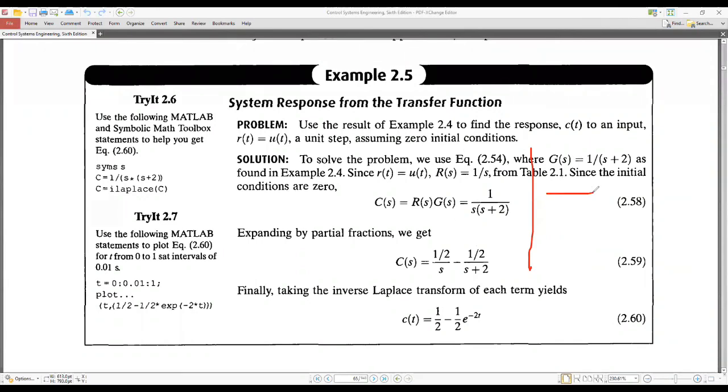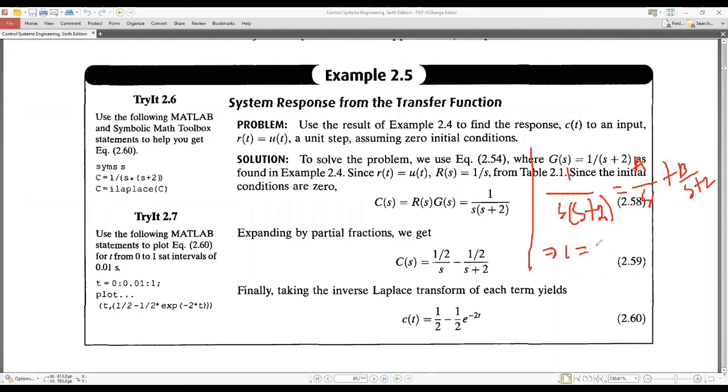Let's say you have 1 by s into (s plus 2) is equal to A by s plus B by (s plus 2). Now multiply it by this one, and then it is 1.